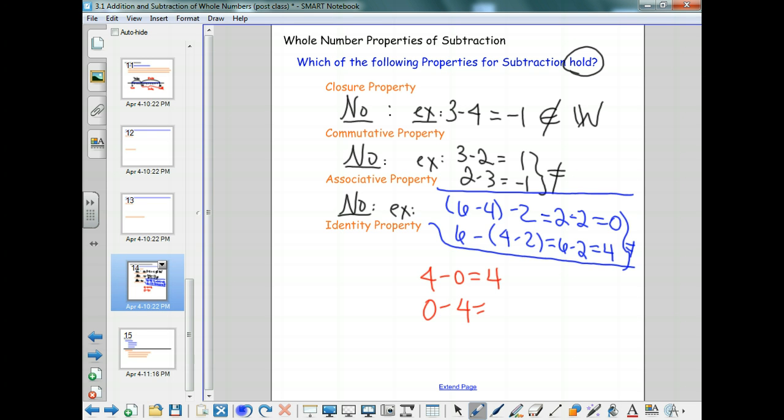It's -4, and the identity property has to work with the identity element whether it goes in the first or at the second spot. So none of them hold for subtraction. This is a no again as well, and the issue is that these are not both 4. One of them is 4, but the other one's not, and I should be able to subtract it in either order of them and get the same number. Okay, we all good?